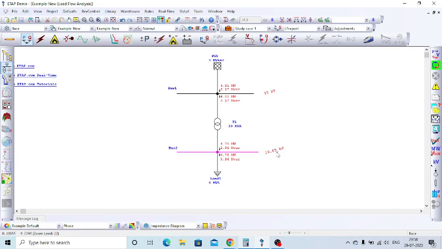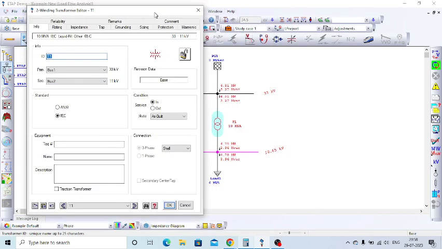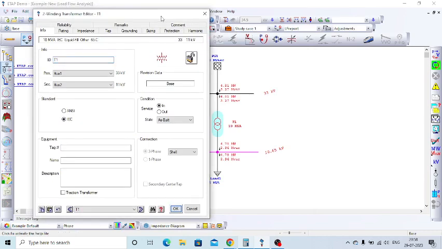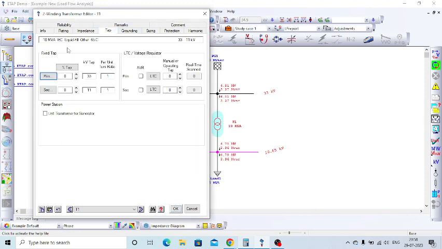You just see here, without any transformer tap changer operation, the bus voltage is 10.65 kV. So in order to improve this 10.65 kV to the rated voltage of 11 kV, we have to operate the transformer in ETAP. So we have the OLTC operation in the tap page.